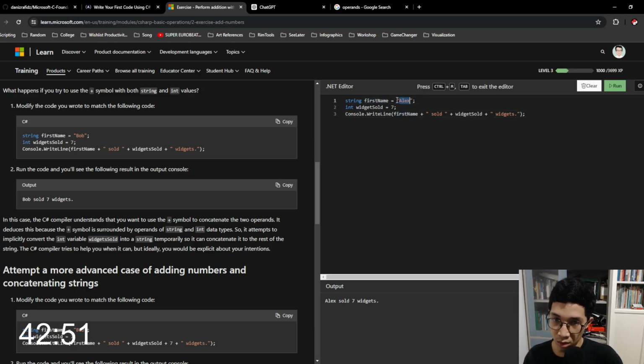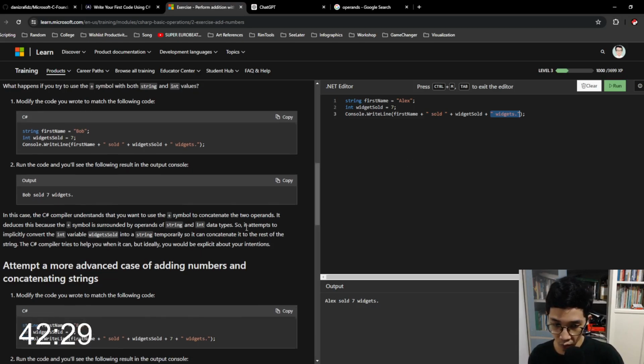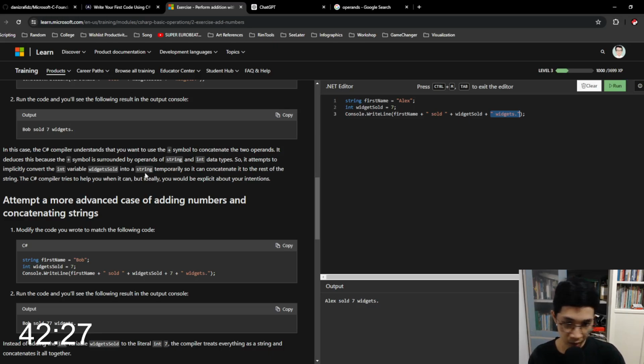So I have to change the string into an integer, and don't forget the values should be numeric, not alphanumeric, and remove the literal string here, and you'll be fine, and the result will be the same as you expected.